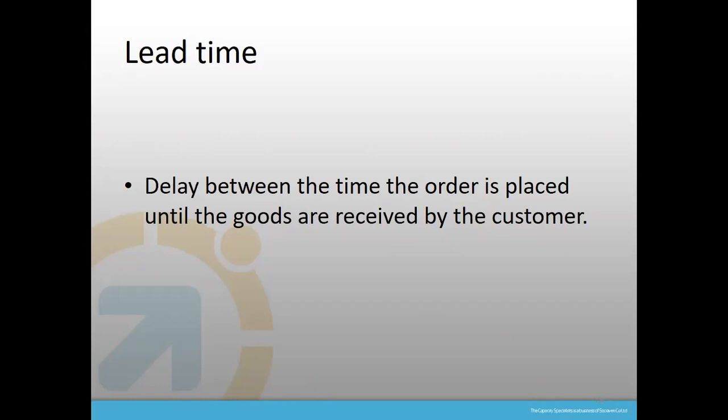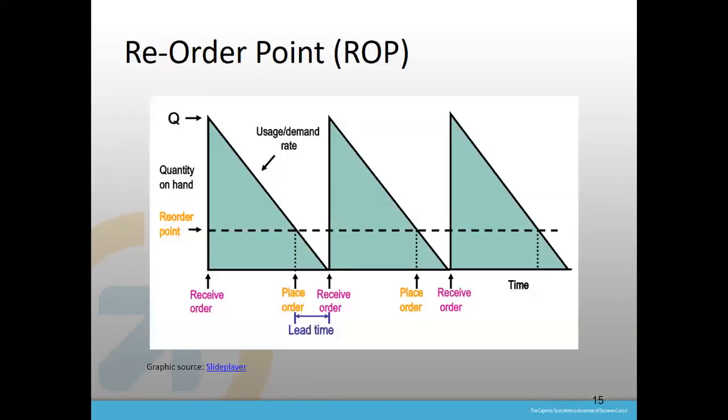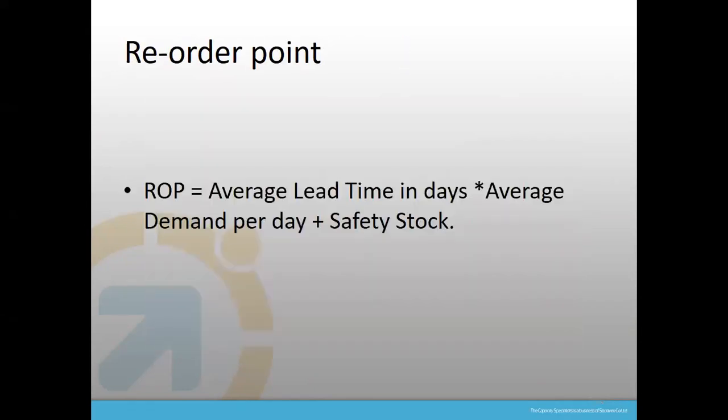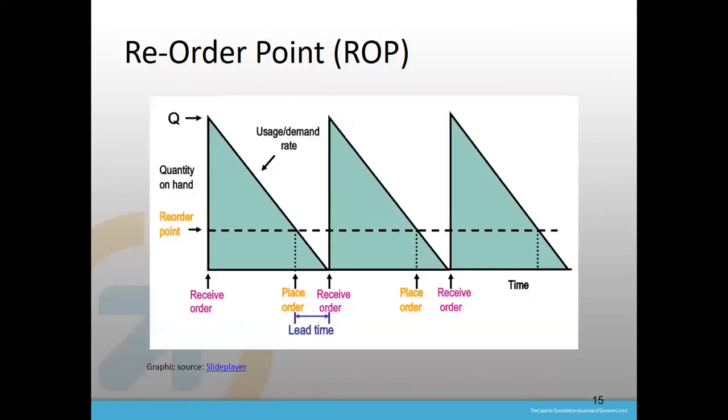The lead time is how long before we receive the goods we have to place the order. Or the other way around, if we place the order now, how long does it take until we receive the goods?